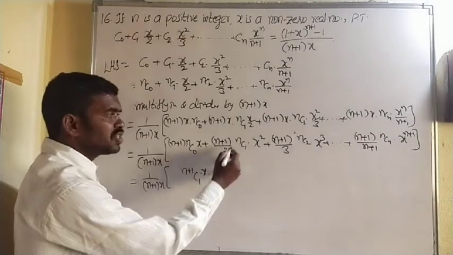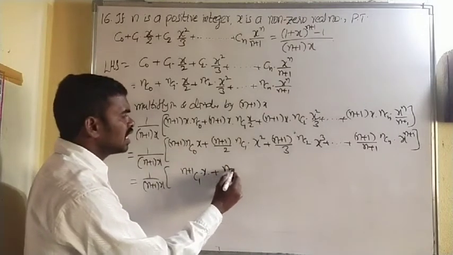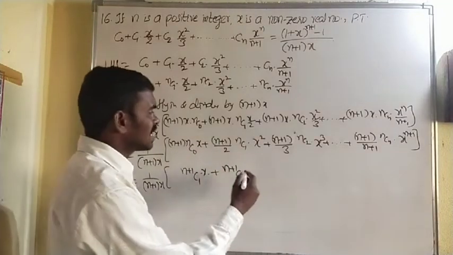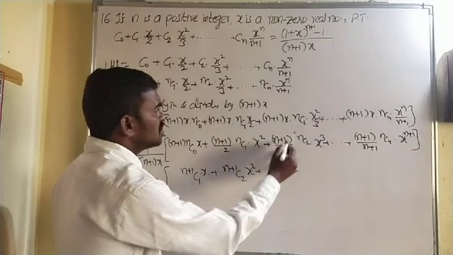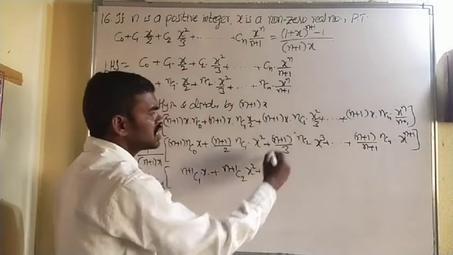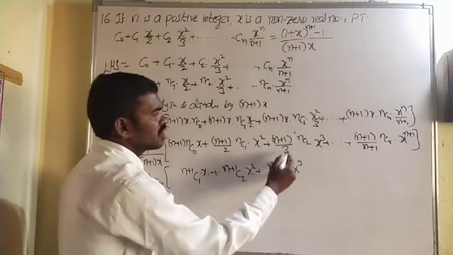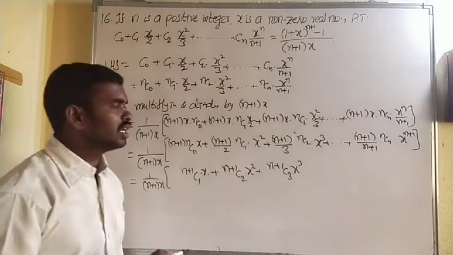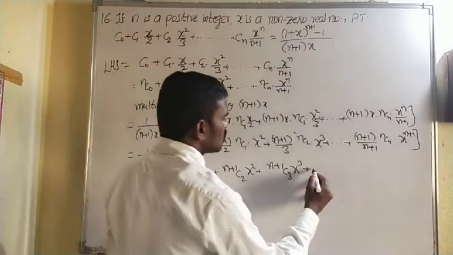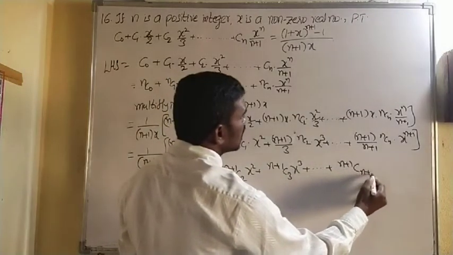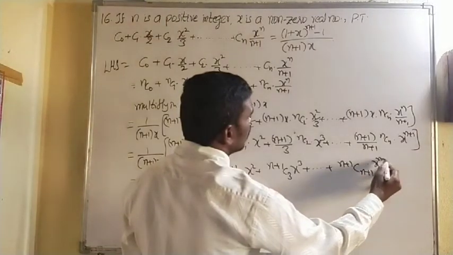Next, (n plus 1) by 2 into nC1 can be written as (n plus 1)C2, with one more power of x, giving x square. Similarly (n plus 1) by 3 into nC2 can be written as (n plus 1)C3 and x cube. That is a formula. Similarly, so on, here we can write (n plus 1)C(n plus 1) into x power n plus 1.